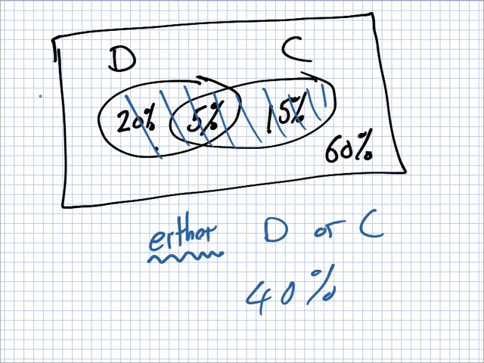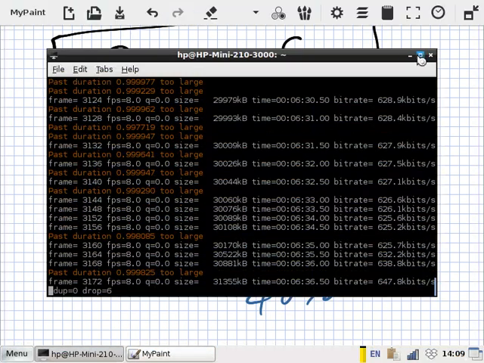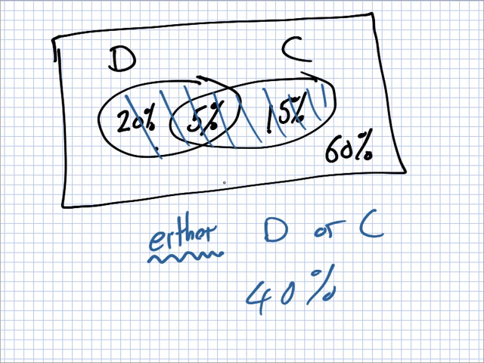Can I scroll down? Do you have this? Yeah? Okay. Tell me, did you do questions like this in your maths class? Yeah? With the Venn diagrams, I mean? Yeah. Okay.